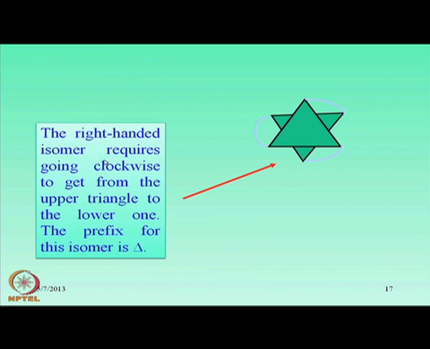So, when the movement is clockwise to get from the upper triangle to the lower one, the prefix for this isomer should be delta. The clockwise movement is designated as the delta isomer.